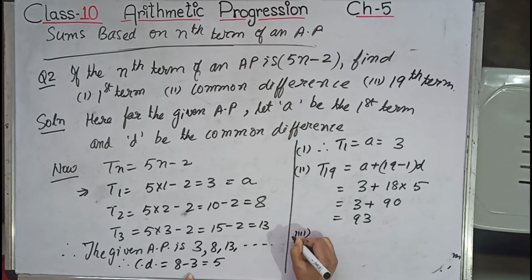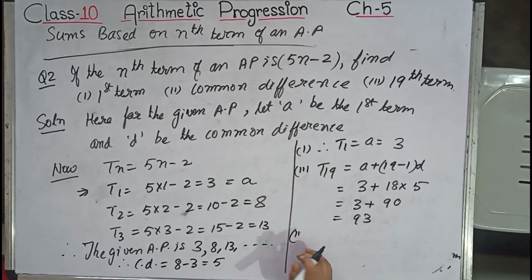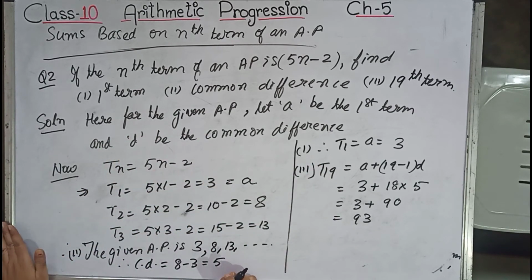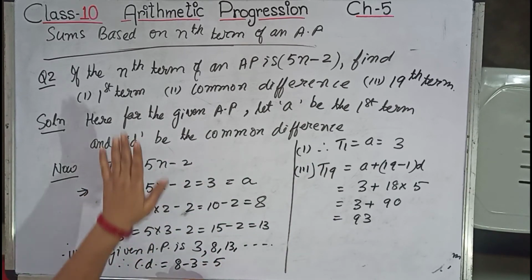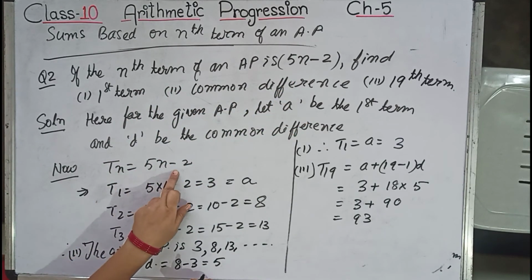Number 3, what do we have to find? Oh, the 3rd was T19. Now second is common difference, which we have actually done over here. So after 1 you write number 2 and this one as number 3. So over here the nth term of the AP is 5n minus 2, so Tn equals 5n minus 2.